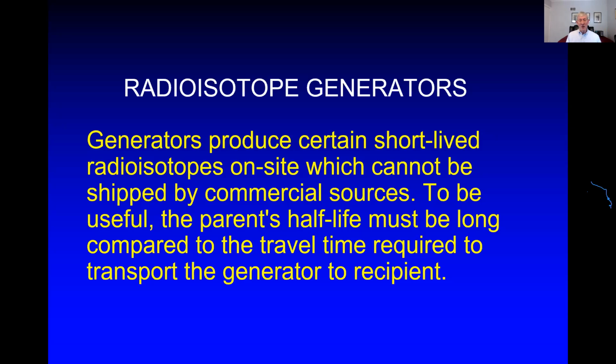Okay, we can afford to lose 30%. We'll just put an extra 35% in there. We can't afford to lose 87.5%, which is what happens shipping it from Chicago to California. So we want a long travel time for the generator, long half-life compared to the travel time, long half-life of the parent.